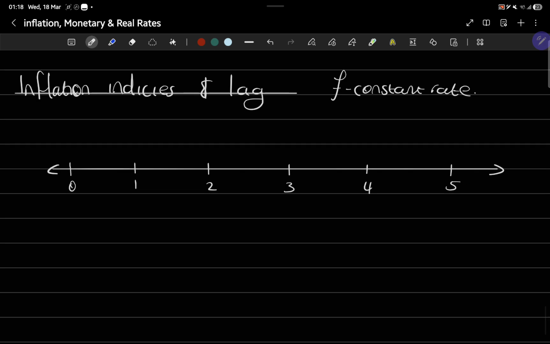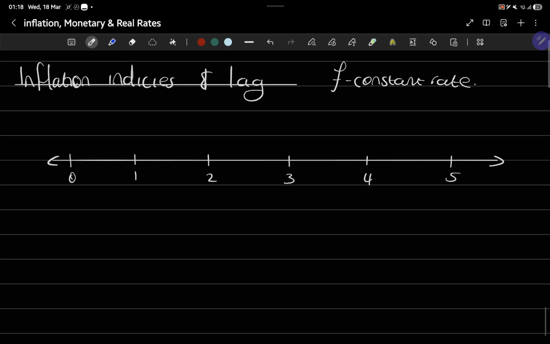Now, the first part of this, we're going to do the non-lagged version. So to denote the inflation growth during the period, they'll tell you that the retail price index or the consumer price index, or whatever index you're given, has specific values at each of the time points.